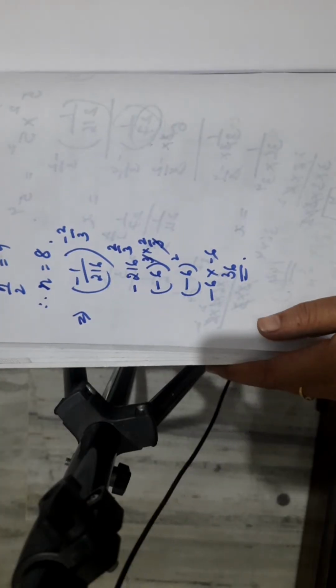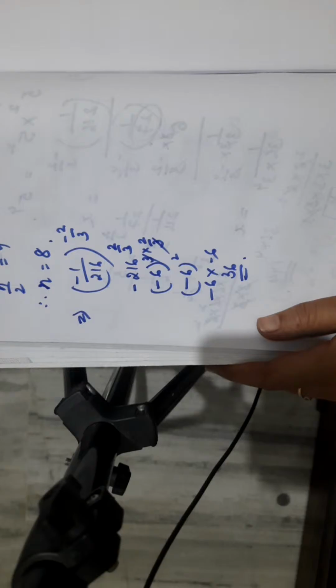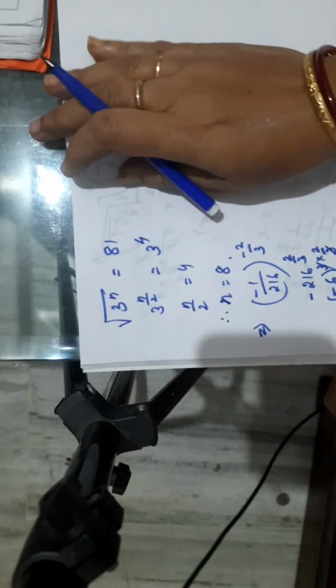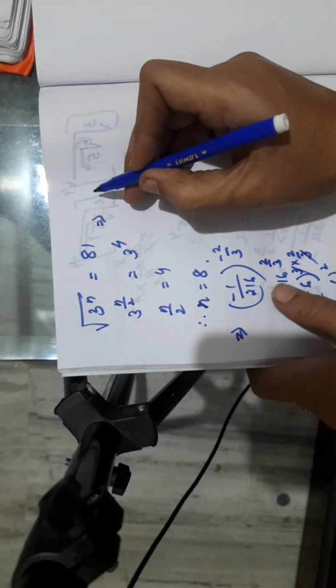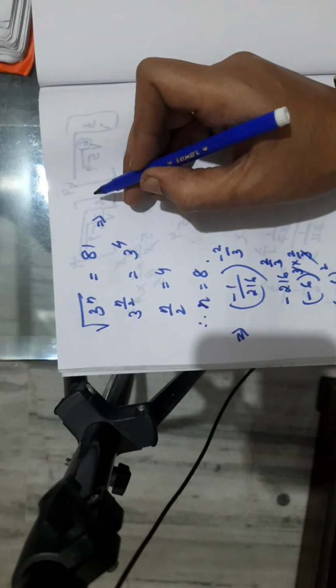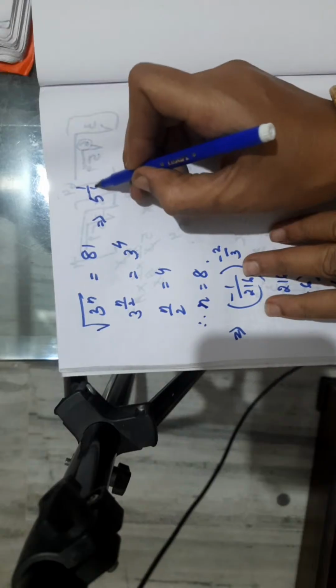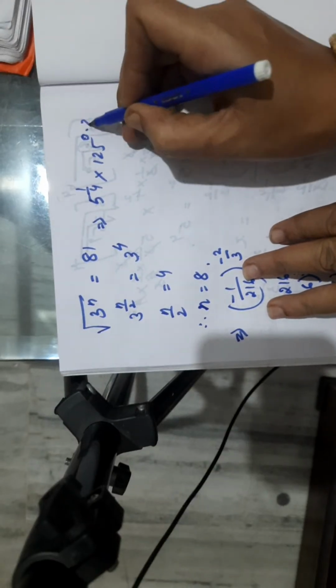Now next question is, find the value of 5 raised to 1 by 4 multiplied by 125 raised to 0.25.